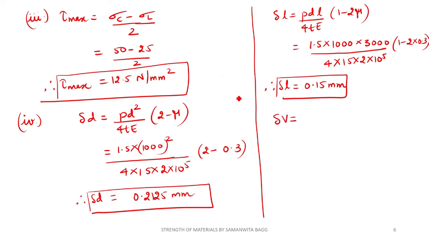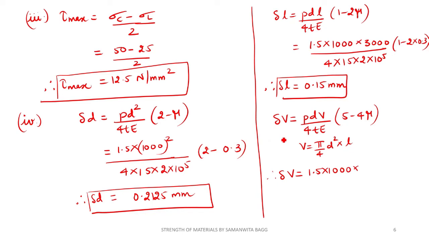Last, I need to calculate delta V. The formula is P dV upon 4TE into 5 minus 4 mu. Now for V, the formula is pi by 4 D square into L. So let's substitute everything. I have delta V as 1.5 into 1000, pi by 4, 1000 square into 3000, upon 4 into 15 into 2 into 10 raised to 5.